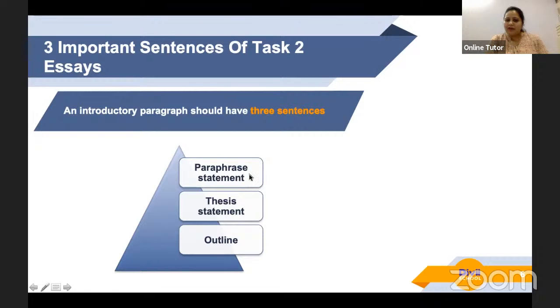So what is a paraphrase statement? What is a thesis statement? And what is an outline? Let's understand these because these 3 sentences are what make your introductory paragraph. Okay, let's move further.